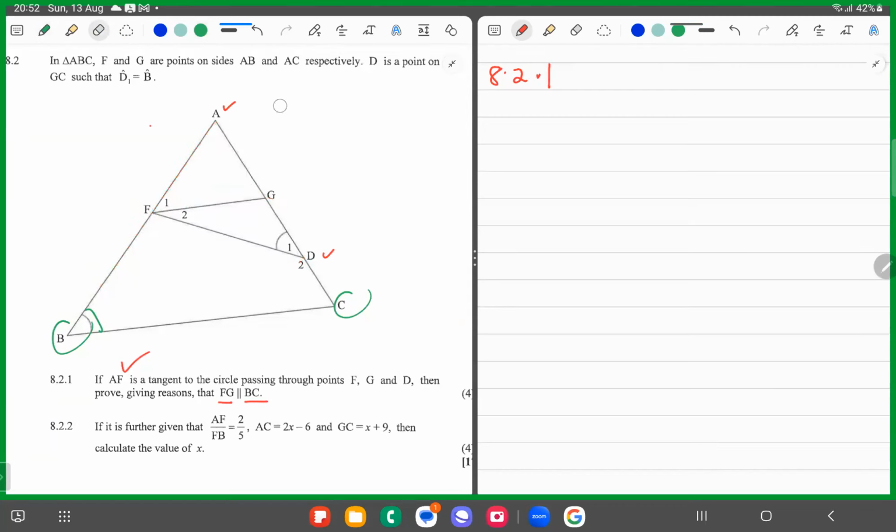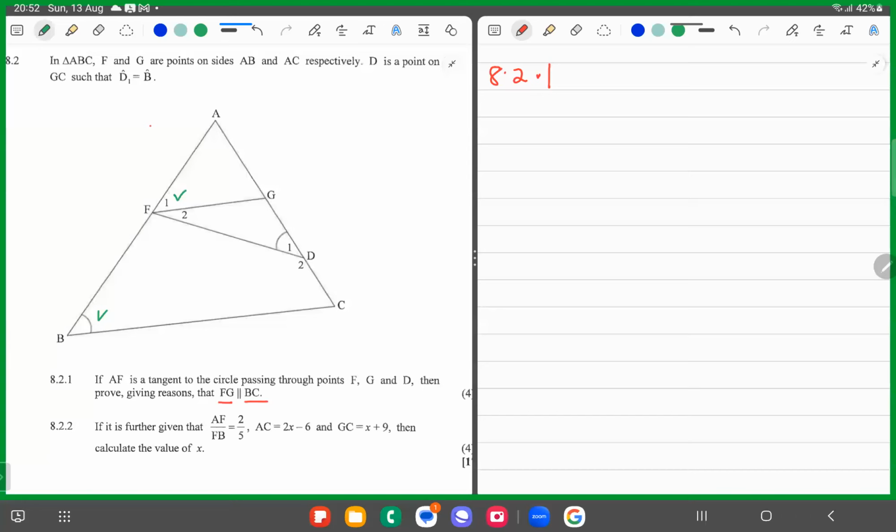Okay, let's get started. I'm cleaning up to make sure you can see very well. We established that to prove FG is parallel to BC, we need to prove F1 equals B, since these will be corresponding angles.